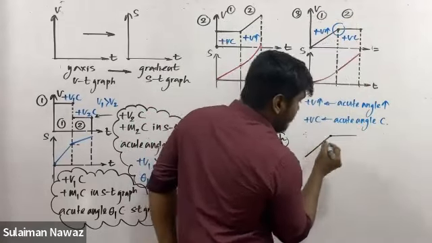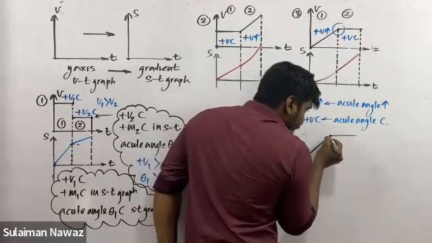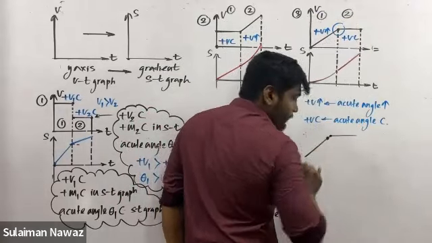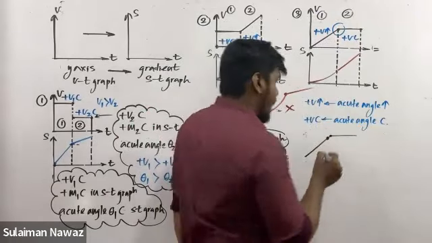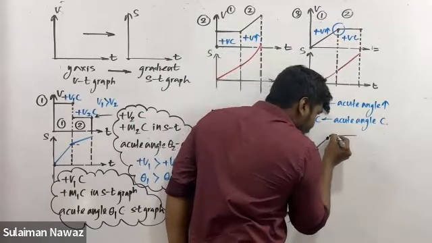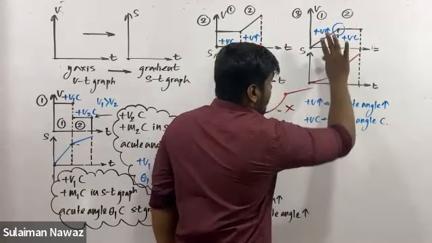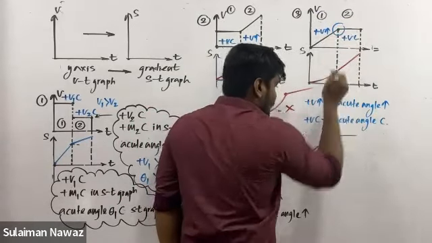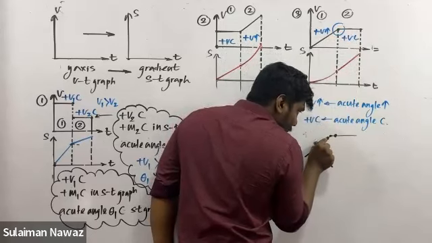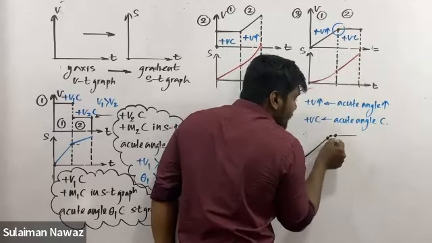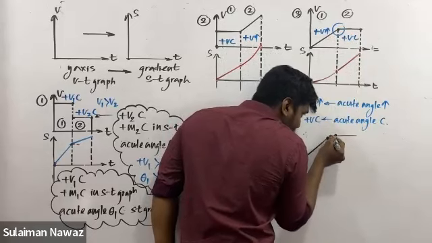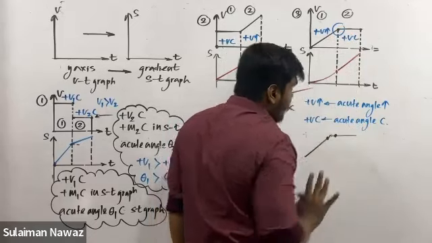I take the last point in the first graph, and I take the first point in the second graph. They are the same point, okay?